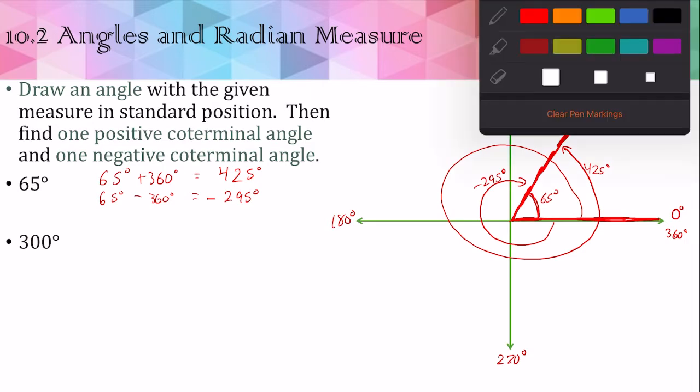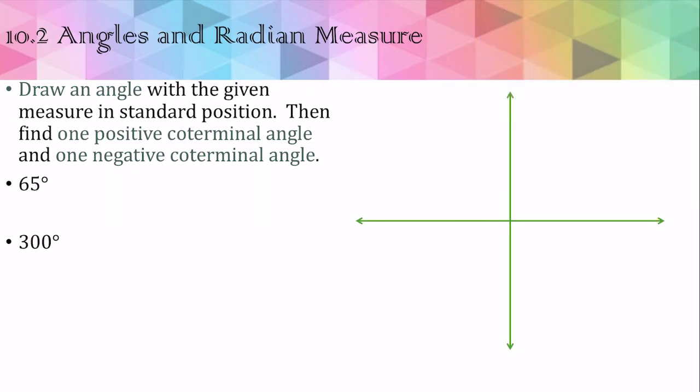All right, let me clear the markings. So 300 degrees. Again, this is 0, this is 90, 180, 270, and 360. So 300 degrees is between 270 and 360, so about right there. That's starting and going this way around.